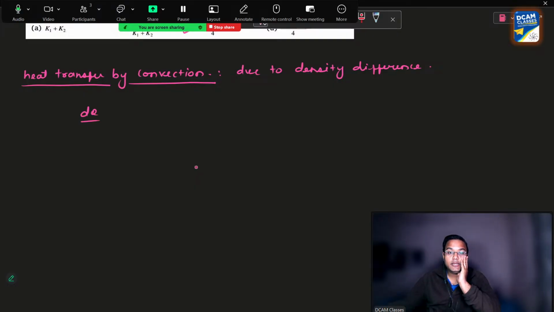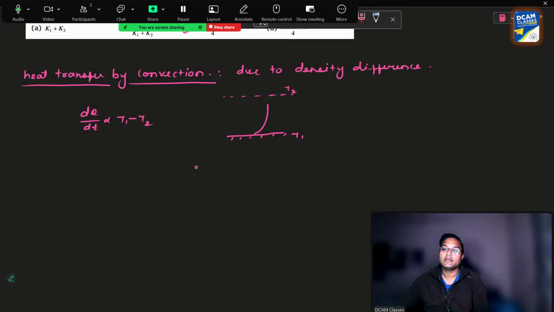Now here dQ by dt is proportional to the difference of temperature. Suppose there is a surface at temperature T1 and here is a temperature T2 and there is a movement. So the heat transferred by convection is proportional to T1 minus T2, as we have seen in conduction.